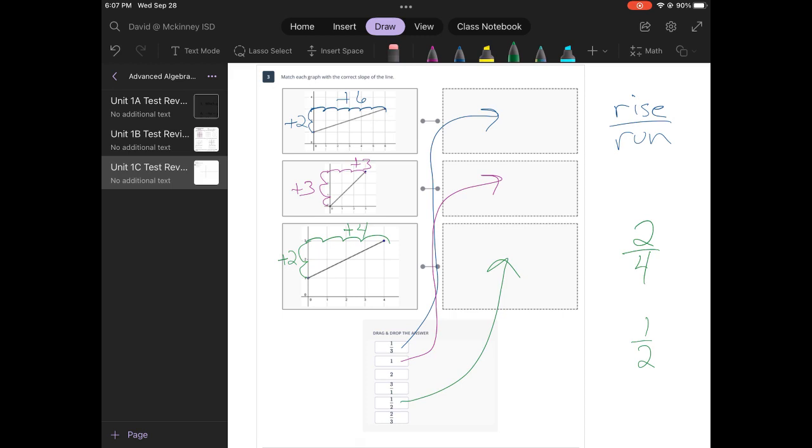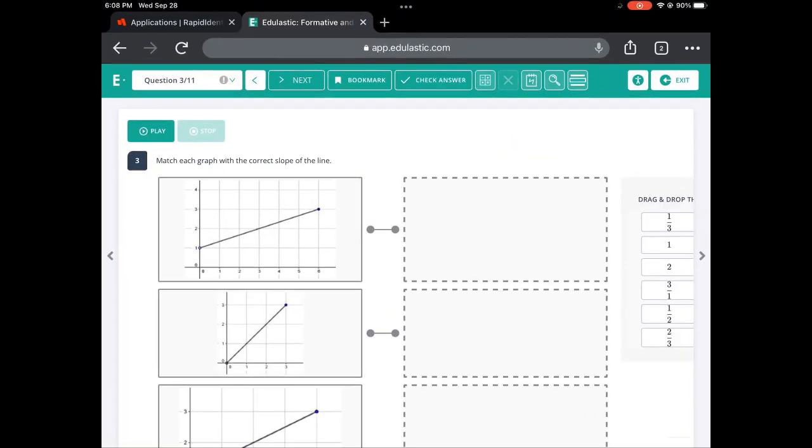How does that look when I go to the Edge Elastic? It looks a little something like this. So we'll switch over to Edge Elastic. I go over to my drag and drop values. I'm going to click on them, and I'm going to drag each slope into its appropriate drag and drop box. Now, it's important to remember here, I'm not going to use every possible value in the drag and drop boxes.